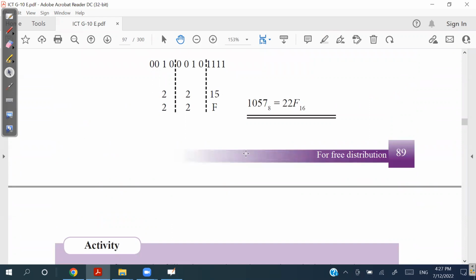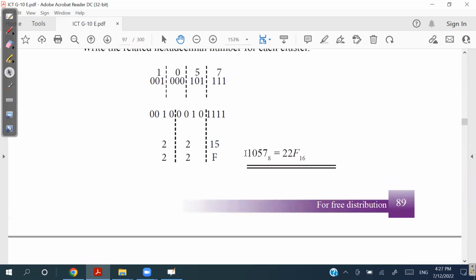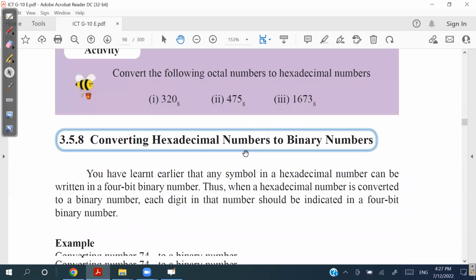It will be converted into binary, and later that binary value will be converted into hexadecimal. It's not something that we have to do as a topic. When we are doing the questions, we will be getting into these things.